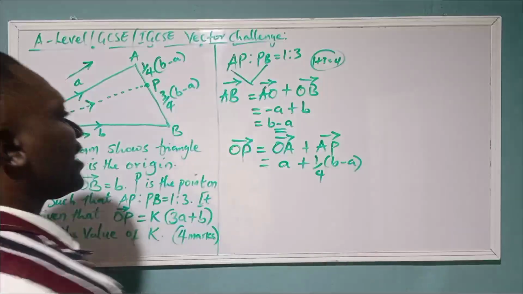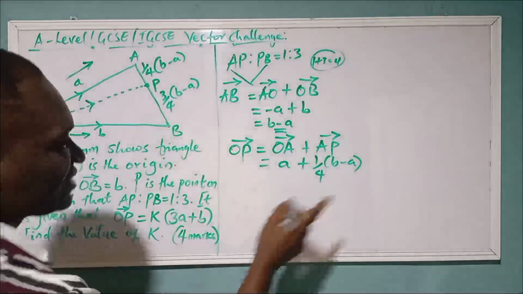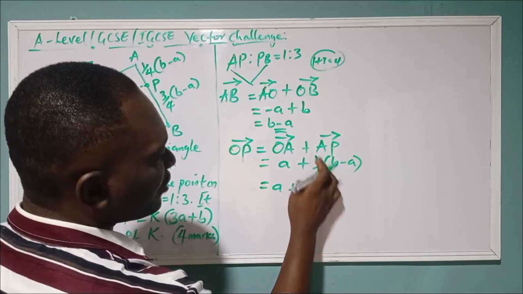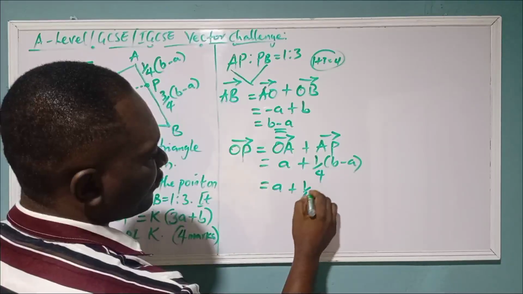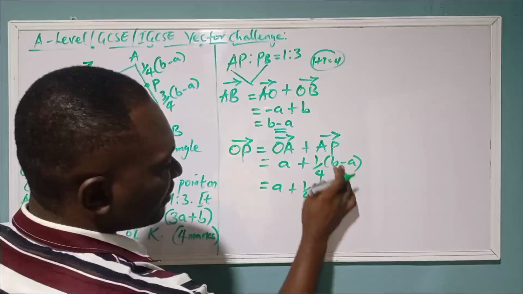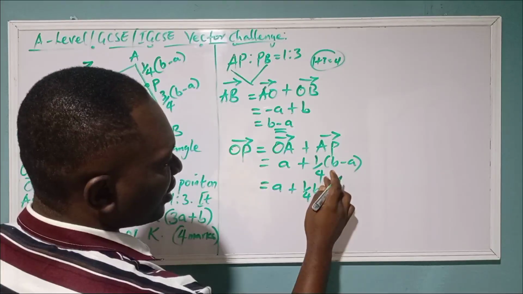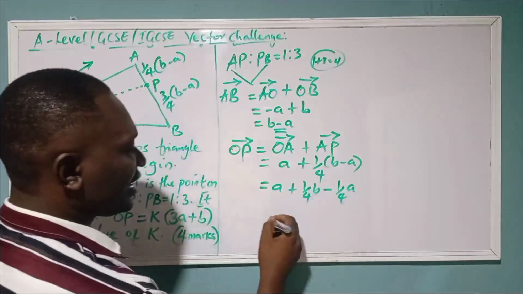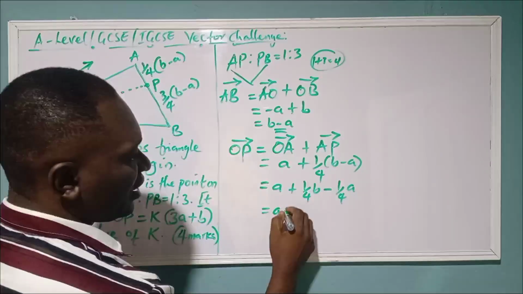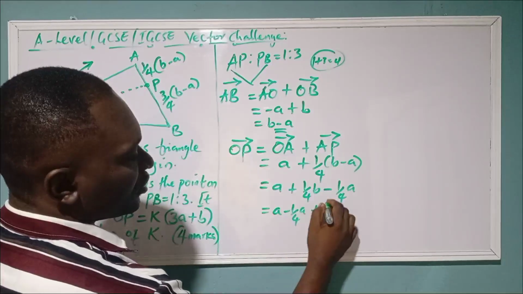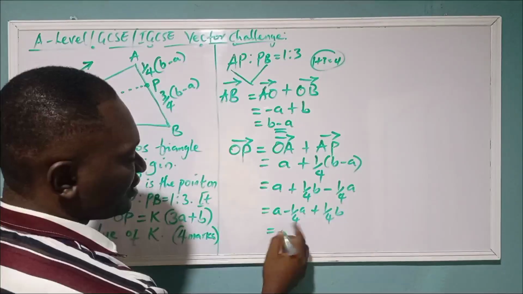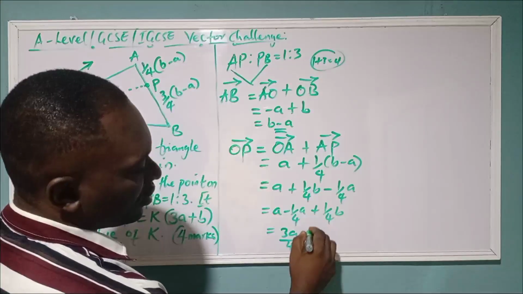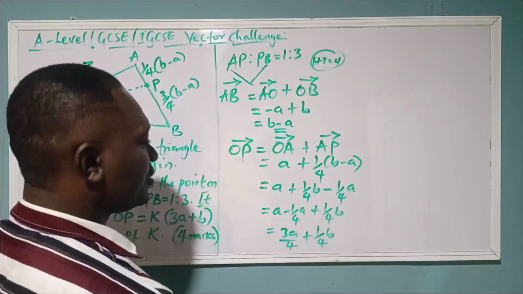Okay, so let's expand these brackets. We have A plus 1/4 times B gives 1/4 B. Then minus 1/4 times A gives 1/4 A. So let's collect like terms. A minus 1/4 A plus 1/4 B. Now this gives you (4A minus A)/4, that's 3A/4, plus 1/4 B.